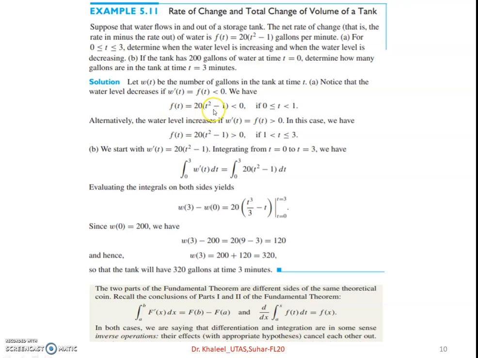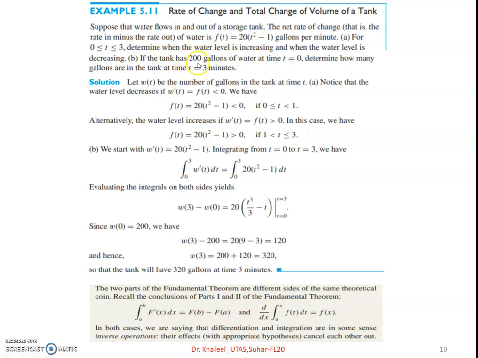This has to be negative because it is decreasing. It is negative when t is less than 1, and since you are starting from 0, it is 0 to 1. If the water level increases, then it is positive, so t must be greater than 1. Since the limit is 3, it is between 1 and 3.